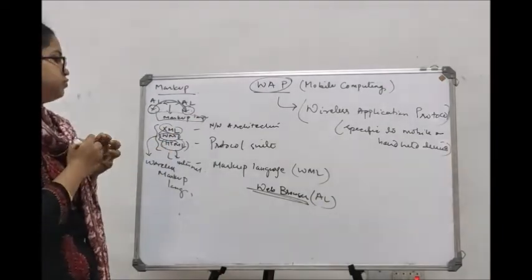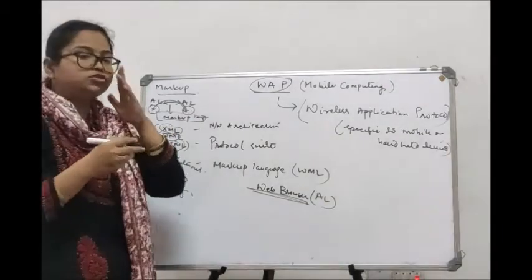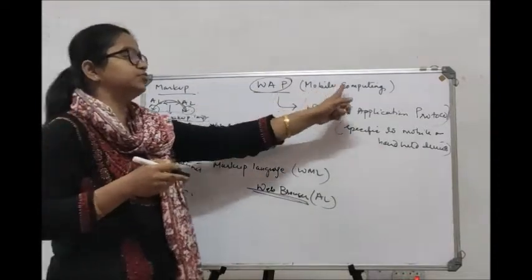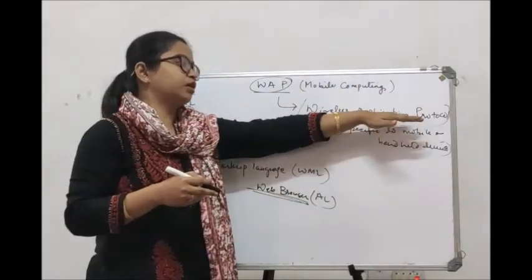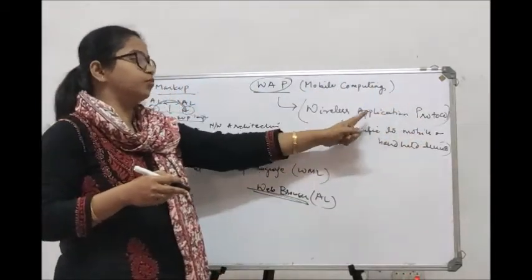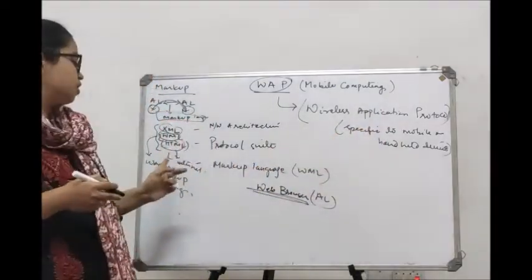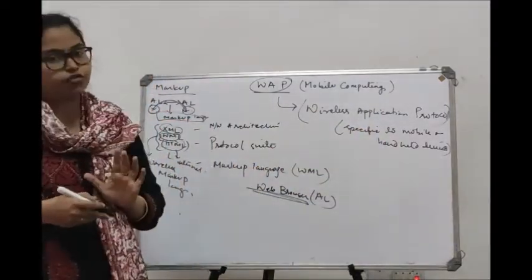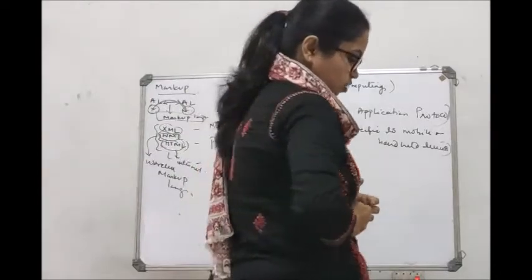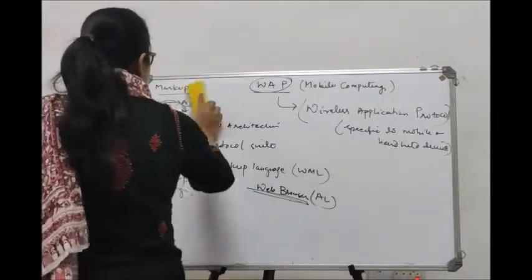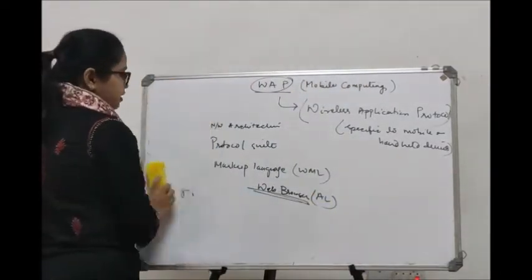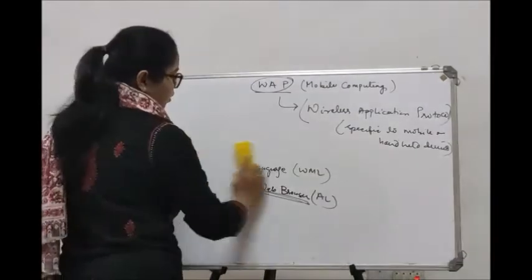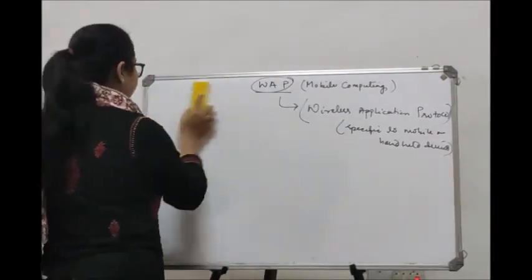HTML is usually used for the internet. WML is usually used for the WAP protocol, that is, mobile devices. When the talk comes to mobile devices, we use Wireless Markup Language; WML comes into the picture. So let us discuss these topics one by one. First, we will understand the network architecture.